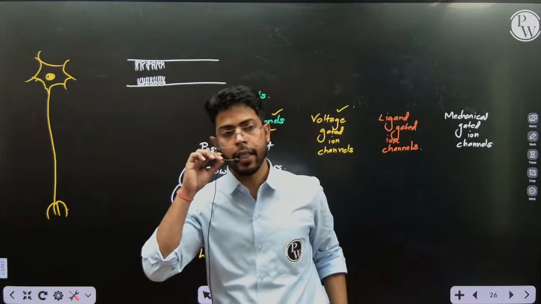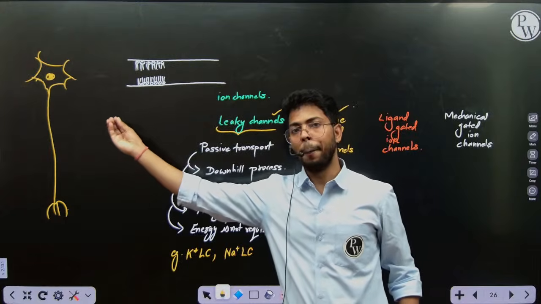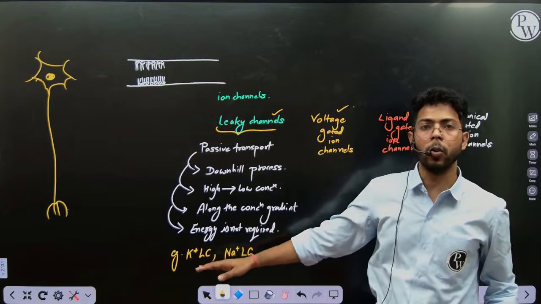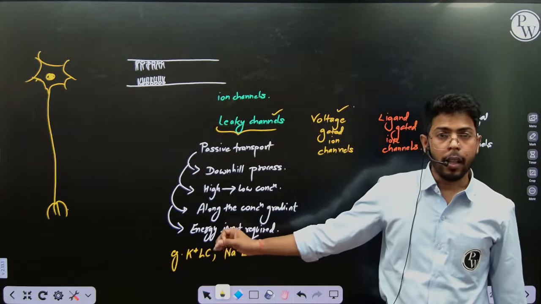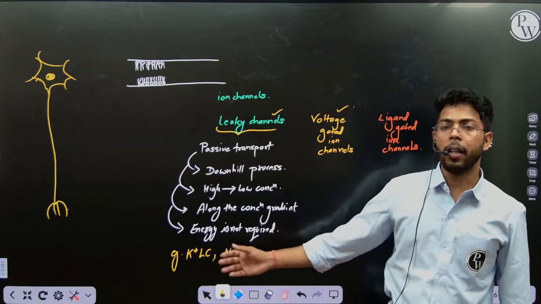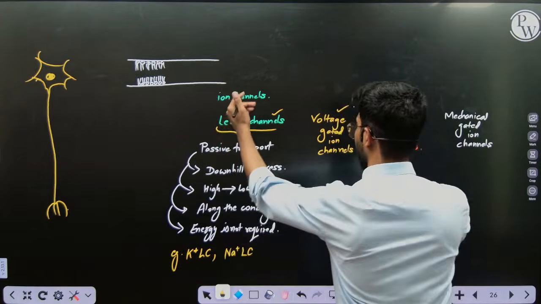So in NCERT, there is a line that in resting state, the plasma membrane of this neuron is more permeable to potassium ions. That means the potassium ion leaky channels are more in number as compared to the sodium ion leaky channels.